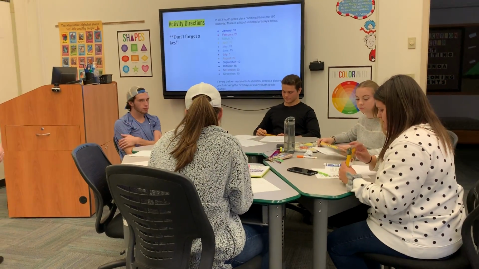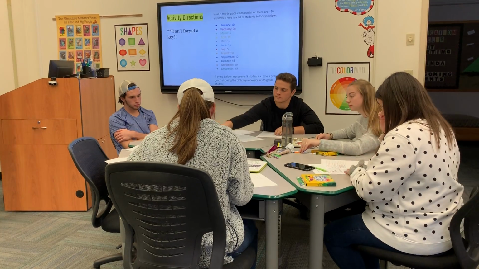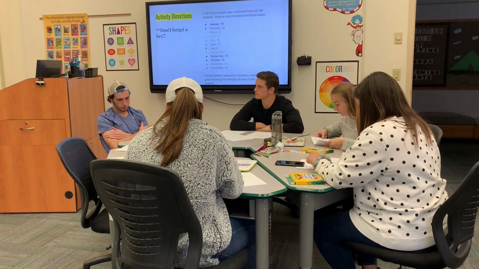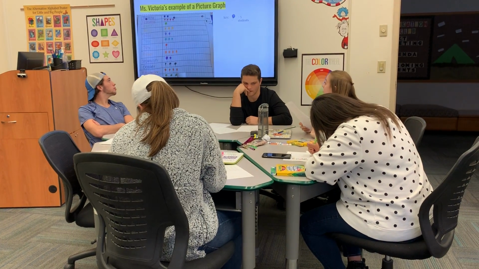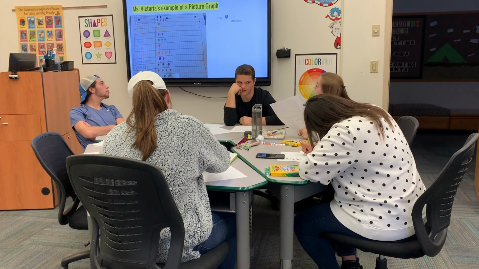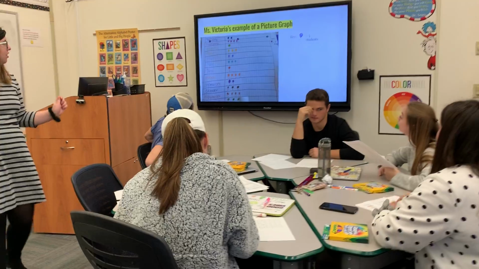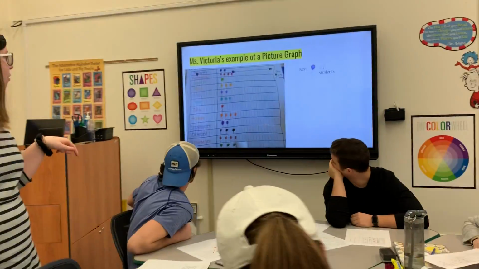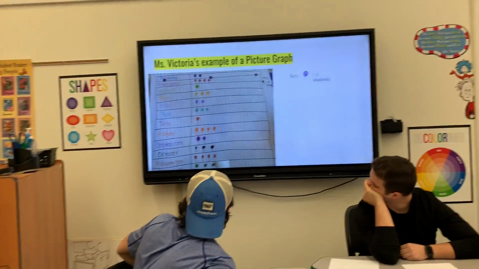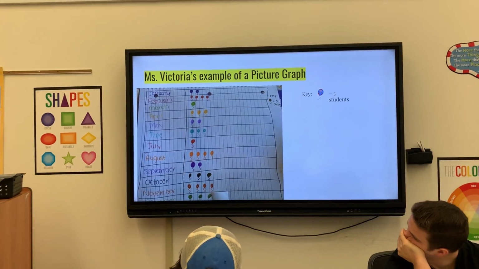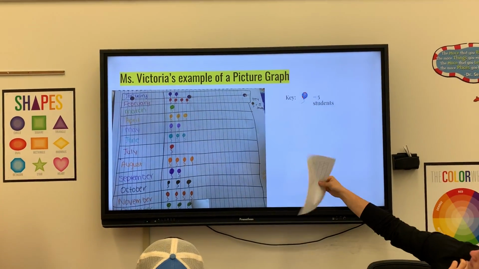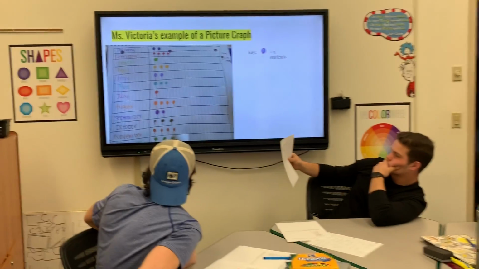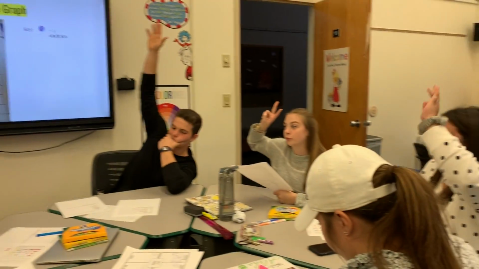Is everyone done? Okay. So now we're going to go over it to make sure you all have the right answers. And I even put up how I made the picture graph. I did how Casey said earlier, that she should have made October the orange balloon. I made mine so the colors somewhat coordinated with the month. How many balloons did you all draw for January? Cody? 2.